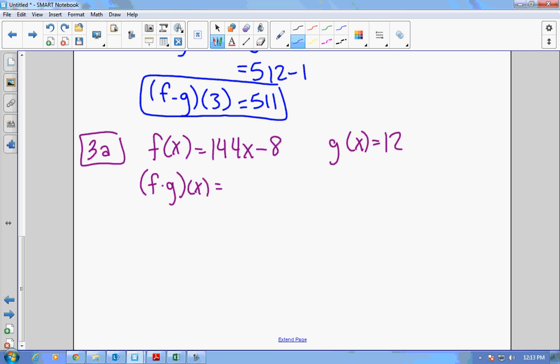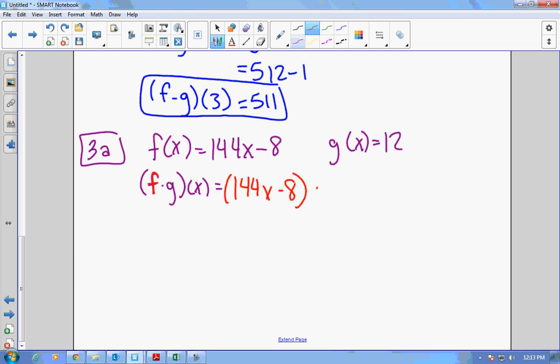Okay, Cameron, Keller, which function should we write down first? Which function does it ask you to use first? Yeah, but which one first? F. It wants F first, so we write F first, which is 144x minus 8.